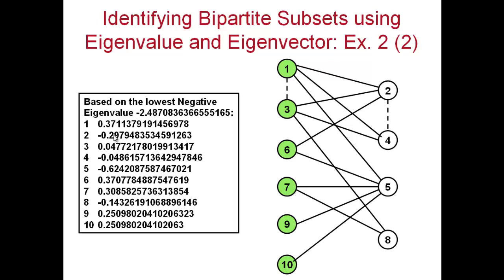So that's the specialty of this approach, using eigenvalues and eigenvectors. If you use the lowest negative eigenvalue and the corresponding eigenvector to identify the two partitions, you are going to get the best partitioning of this graph into two partitions, such that the number of frustrated edges involving vertices in the same partition is as low as possible.